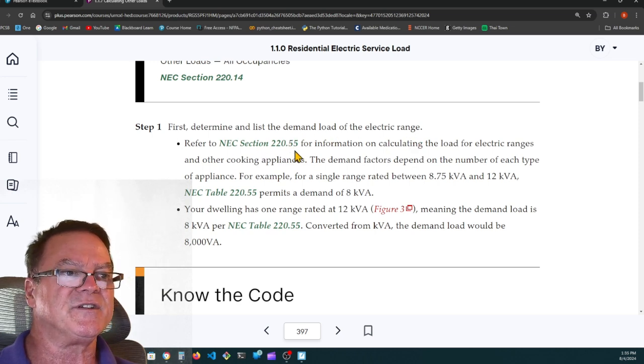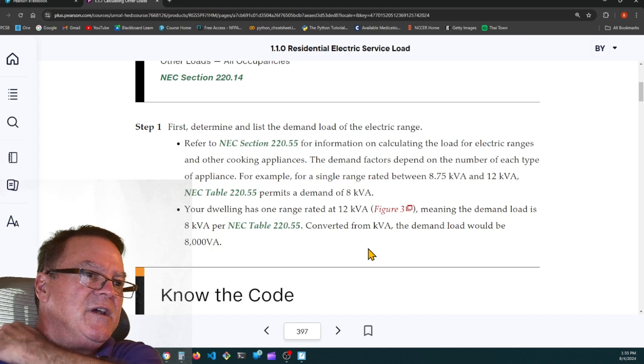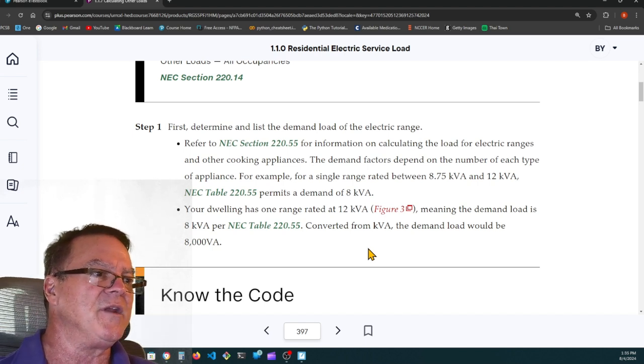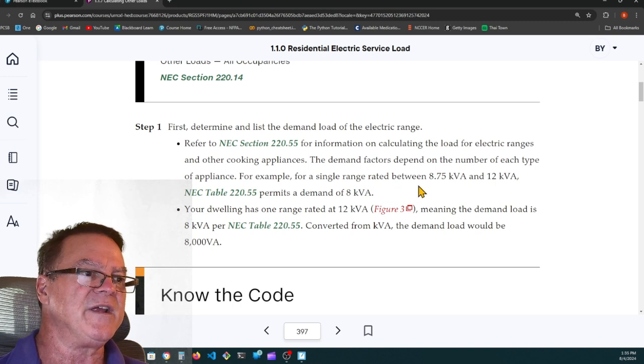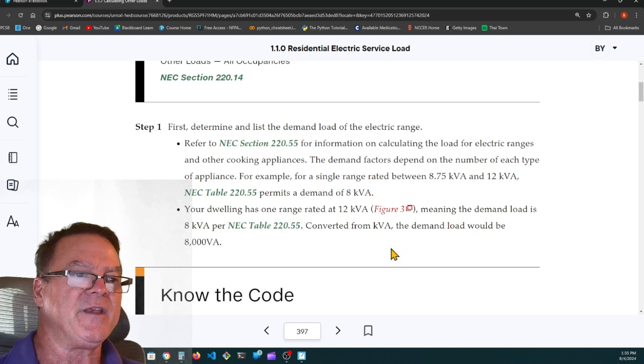It says refer to section 220.55 for information on calculating the load of the electric range and other cooking appliances. Demand factors depend on the number of each type of appliance. For example, for a single range rated between 8.75 kVA and 12 kVA, NEC section 220.55 permits demand of 8 kVA. Dwelling has one range rated at 12 kVA, meaning the demand load is 8 kVA.